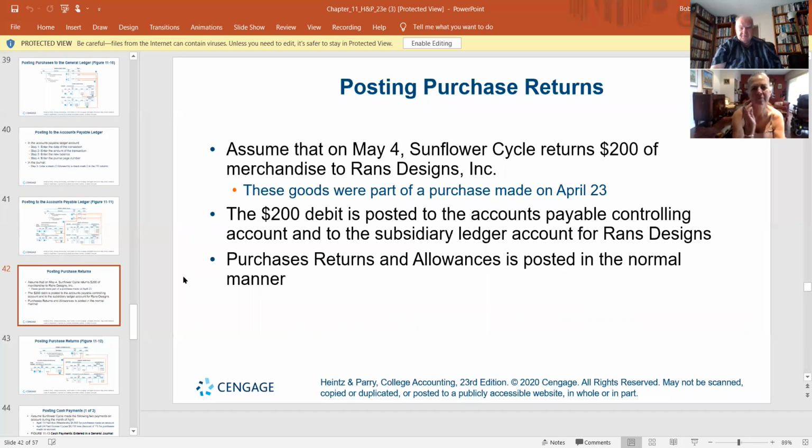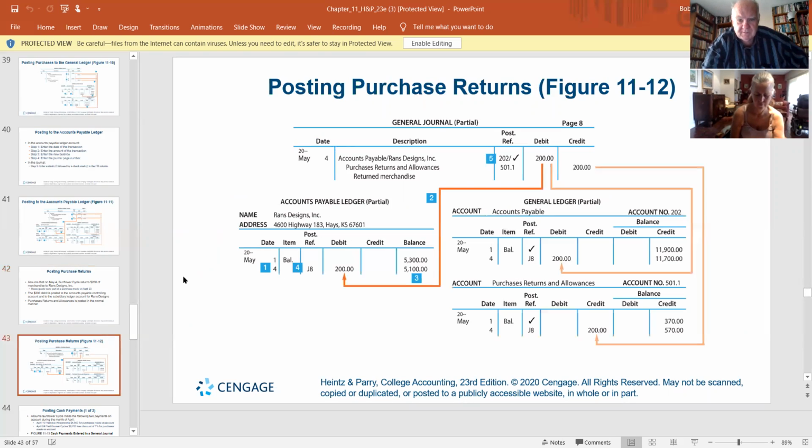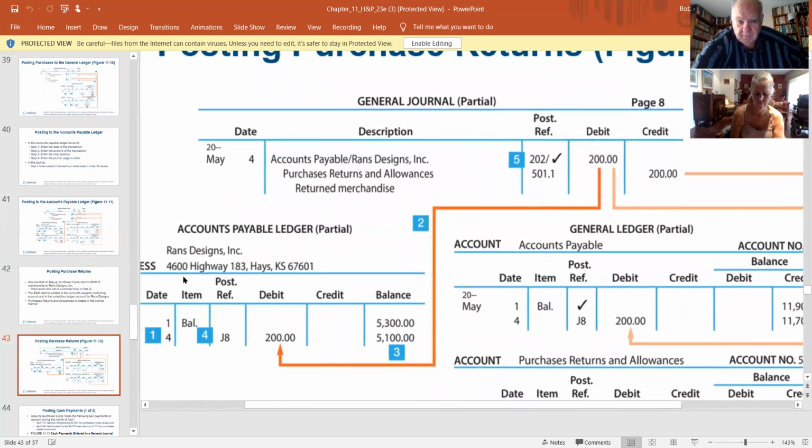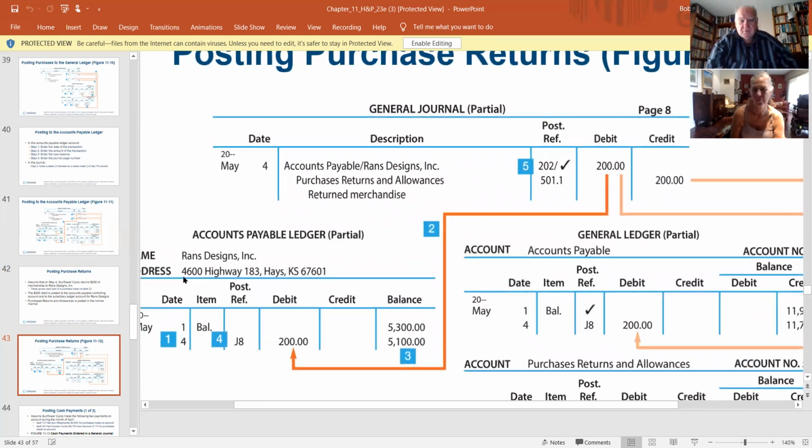Posting purchase returns. We returned $200 worth of material that was part of the purchase made on the 23rd. The $200 debit is posted to the accounts payable controlling account, just like you would expect. So we had a return, right? We returned $200 worth of things, and we had a debit to accounts payable at that point.